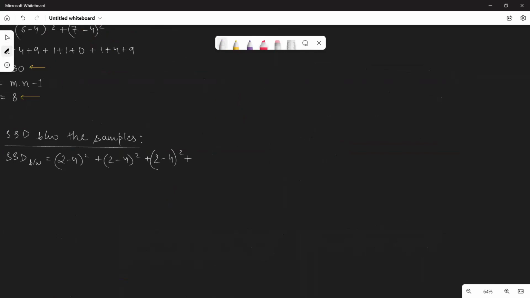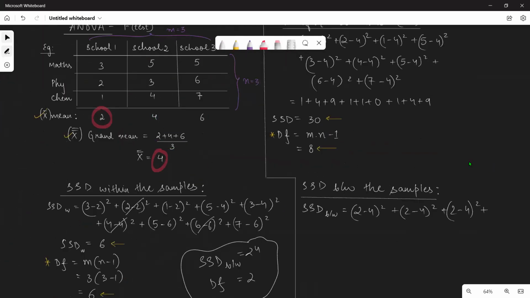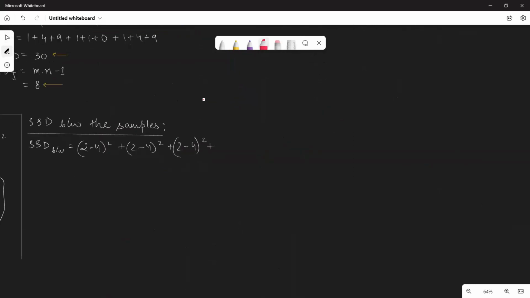Then the second subtraction between 4 and 4, right? 4 minus 4 whole square, how many times? Again, 3 times.